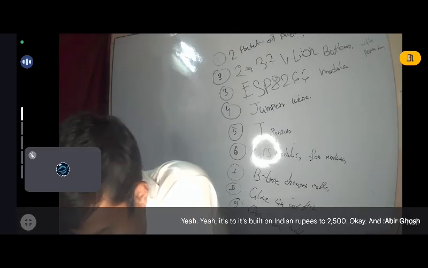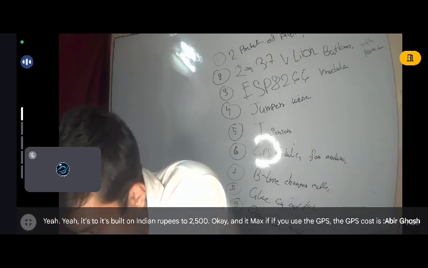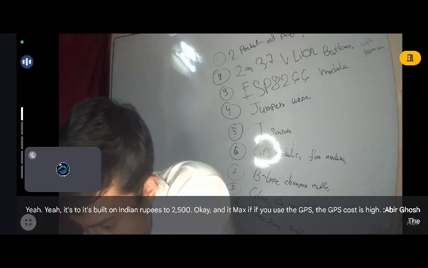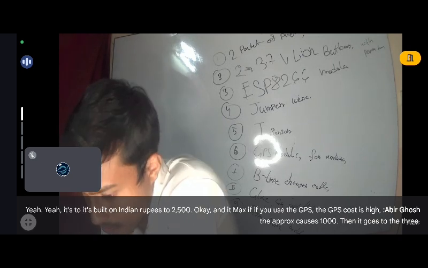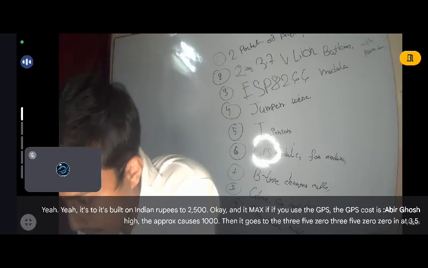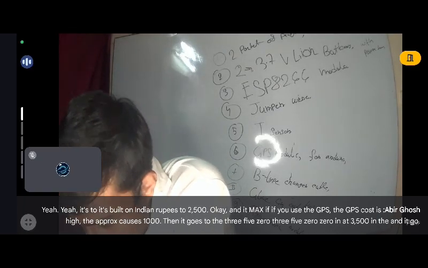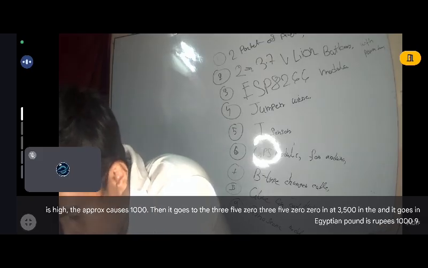Okay, and if you use the GPS the cost is high. The approx cost is 1,000. Then it goes to 3,500 INR, and in Egyptian pound it is 1,900.